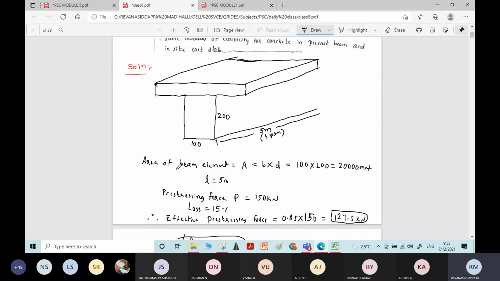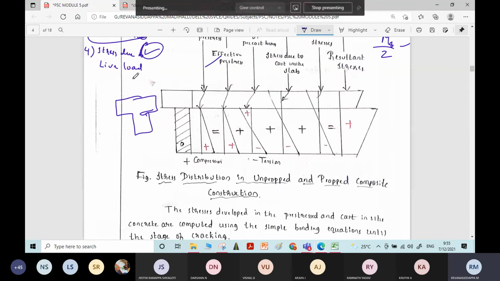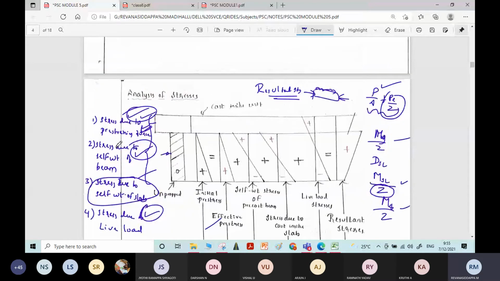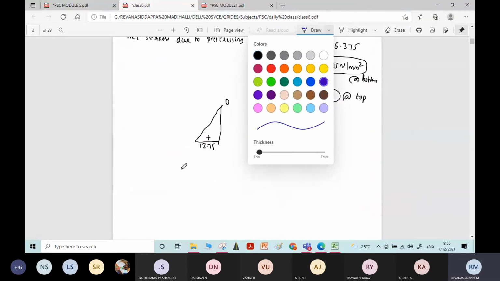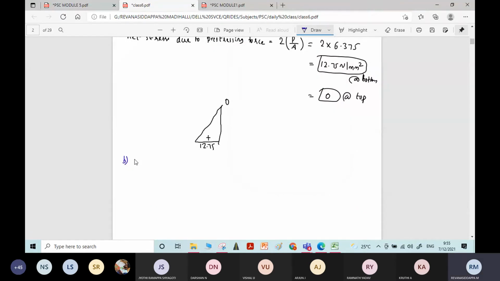Now what next do we have to find? Stress due to the self-weight of the beam. This you can easily find. Second one, B: stress due to self-weight of beam.